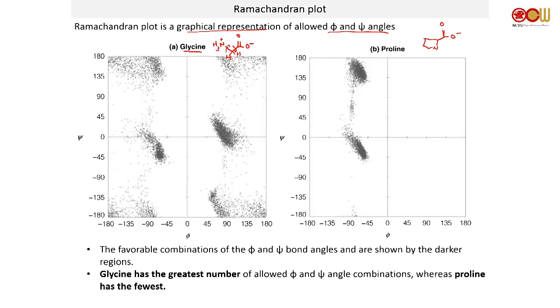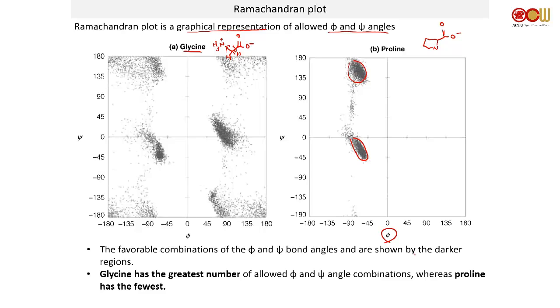The available structure that proline has in terms of rotating the phi and psi angles will be limited. So you see the available phi and psi are very clustered. They are found in very specific angles. For example, you don't have any of the psi angles in the positive direction.